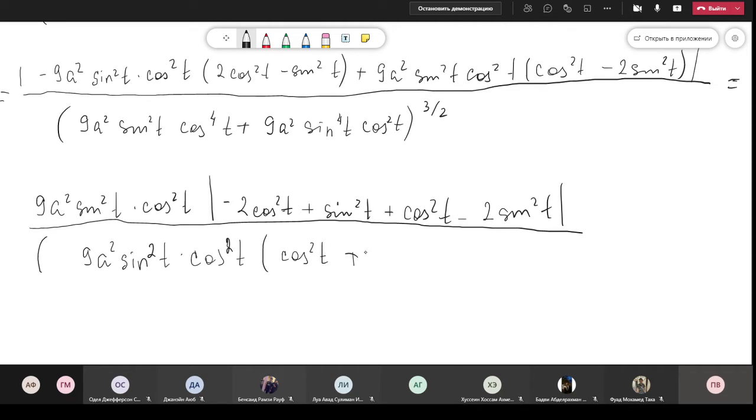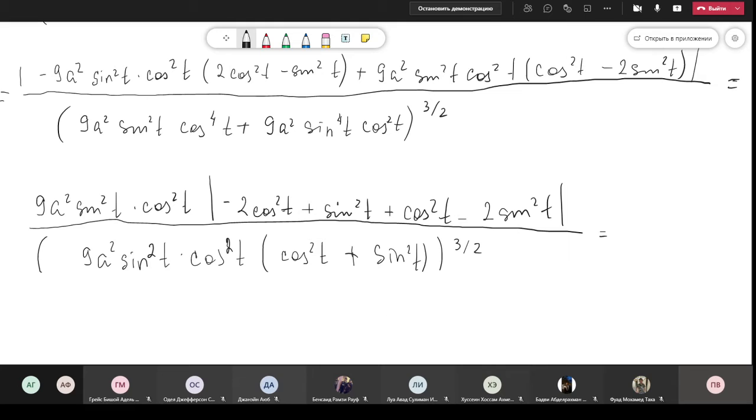Plus, we took out 9a squared, sine squared, and cosine squared. In the bracket, we stay with sine squared. And don't forget our degree, 3 over 2. Good.